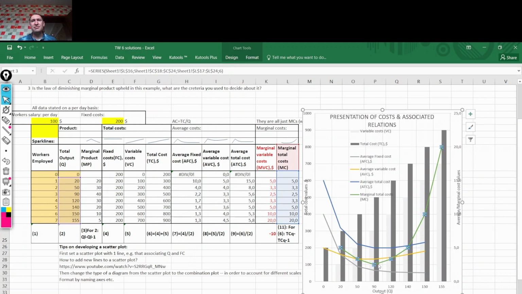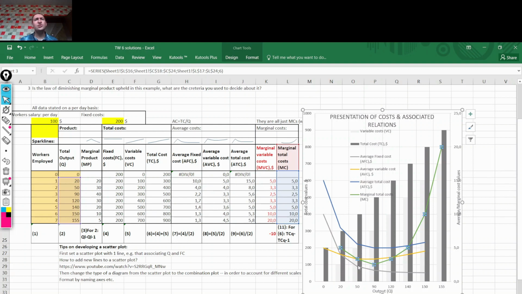The green one is the marginal cost, and it's interesting that the marginal cost here is not uniformly increasing. Remember, for the law of diminishing marginal returns to hold, the marginal cost should increase uniformly. But here we have production where first the marginal costs reduce, so diminishing marginal product is violated, because here it's not really diminishing.